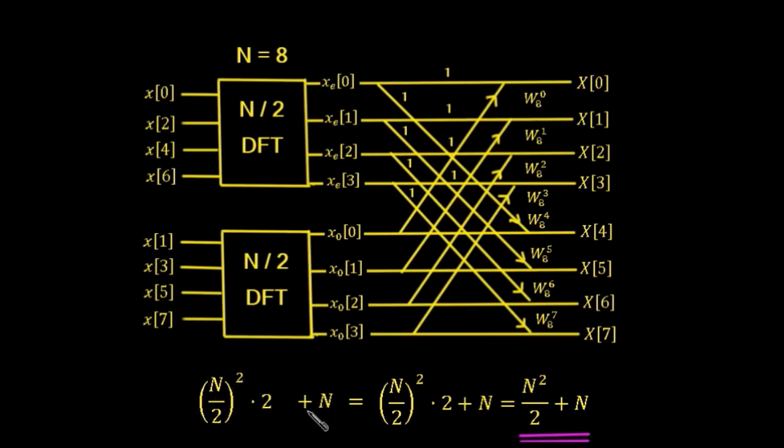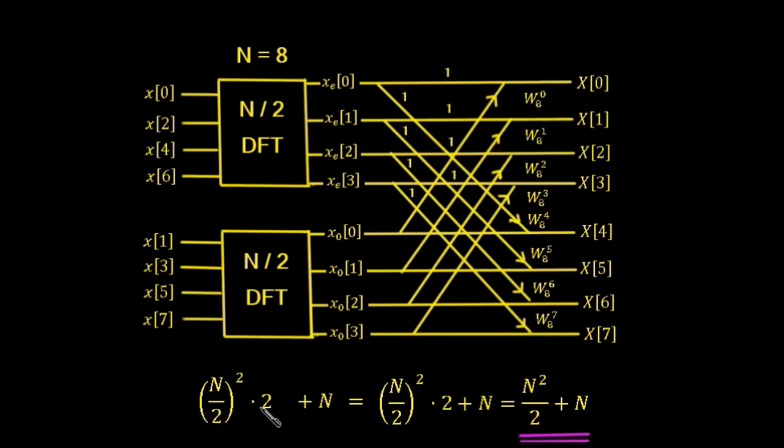Now we're also going to have to add up the n multiplications here for each of these here. So each of these values, x of 0, say for example, gets multiplied by this twiddle factor here, and this one gets multiplied by this twiddle factor. So we're going to have those 8 multiplications there as well.